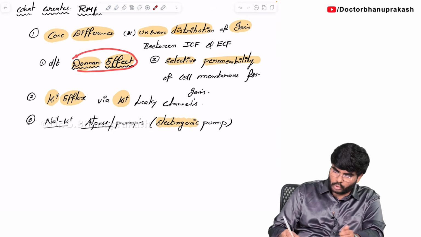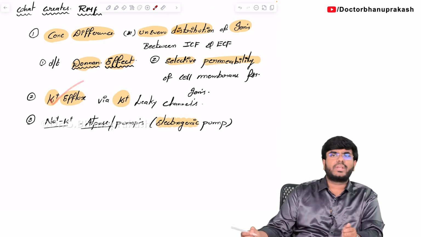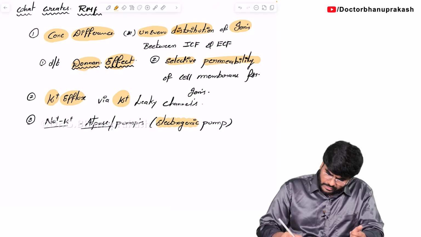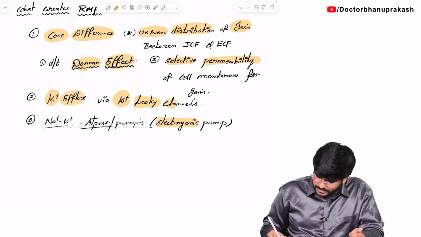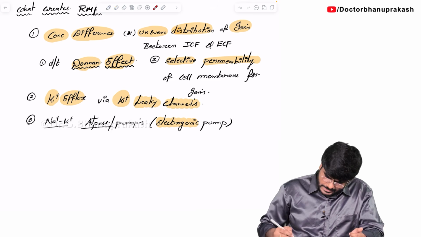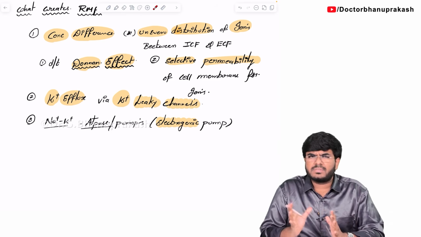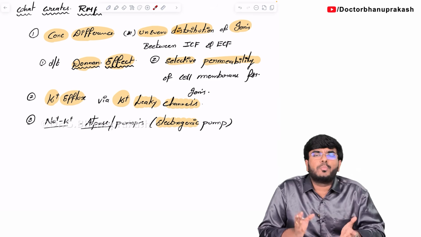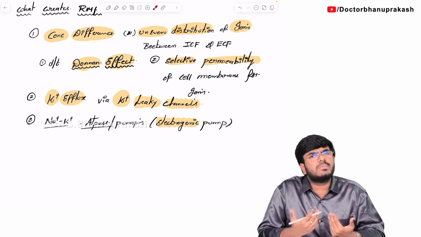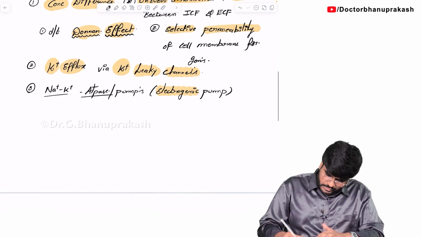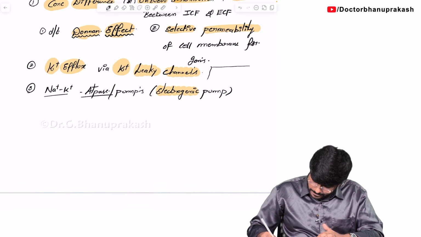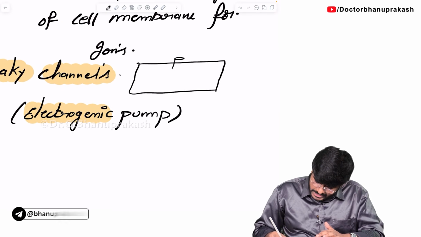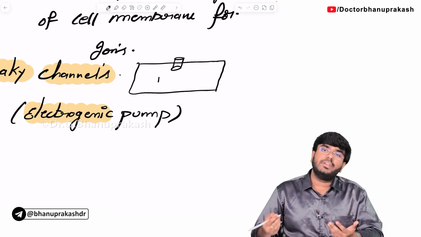Potassium efflux: potassium is always trying to go out of the cell. For easy understanding, let me explain potassium in a simple way; later I will explain in detail. Our cells are permeable to potassium. Even during the resting state, potassium is always going outside the cell. These cells have leaky channels, which work even during the resting state.